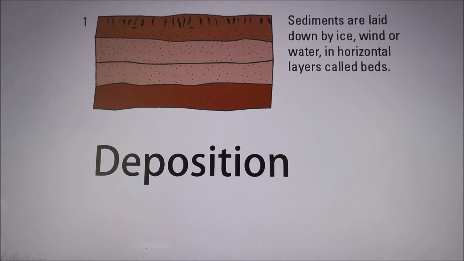They are carried down and deposited at the bottom of lakes and rivers when the water slows down and stops moving. So the sediments drop down to the bottom and build up in layers over time, and you can see the different layers there in that picture.